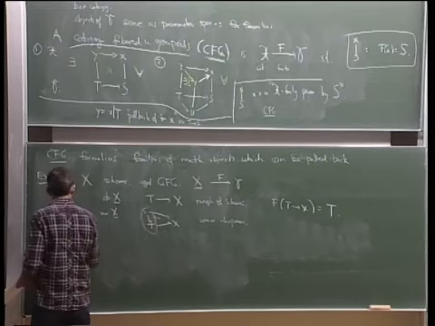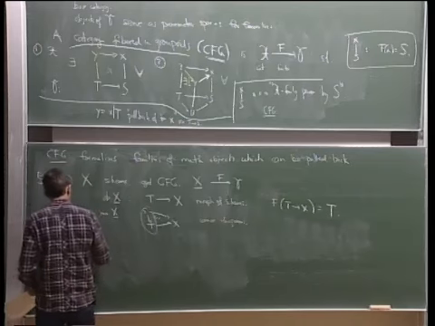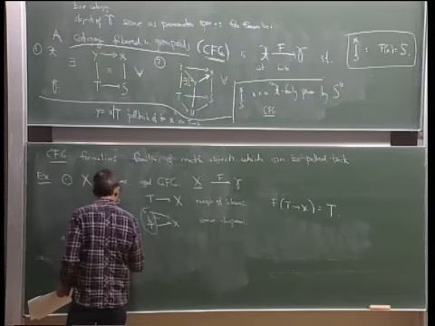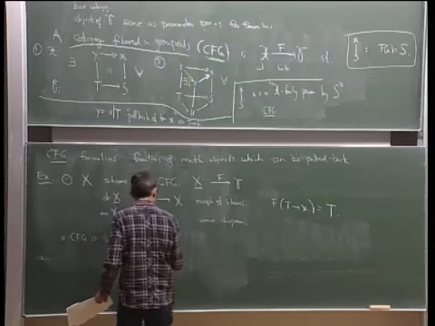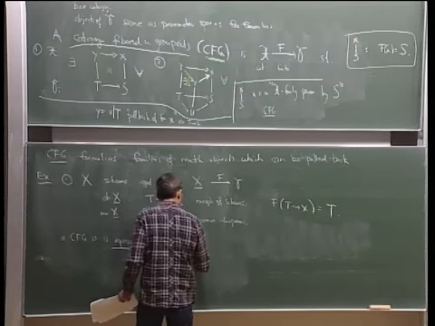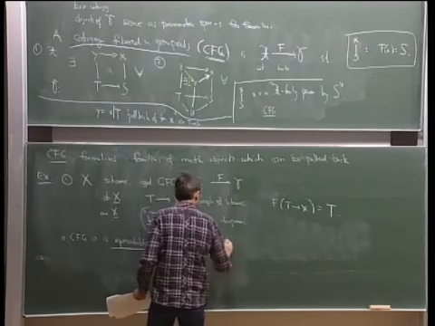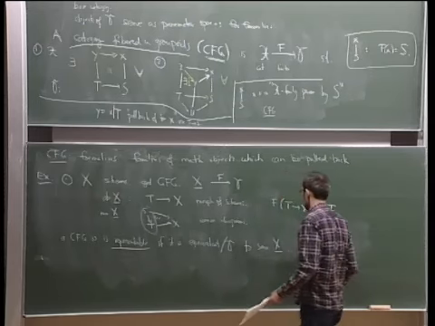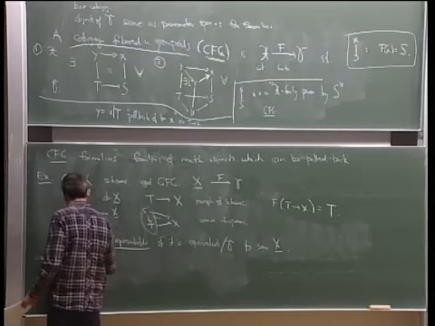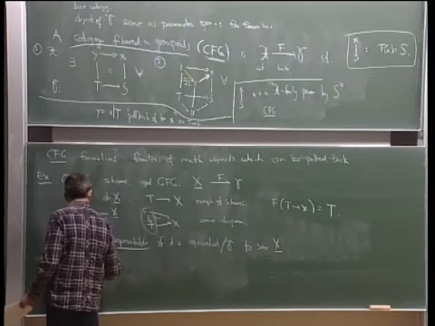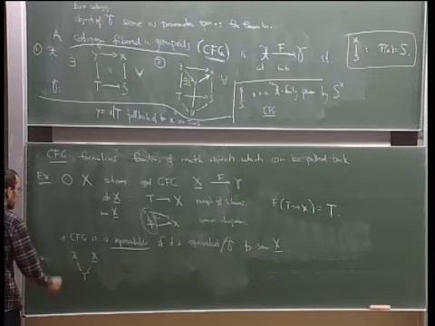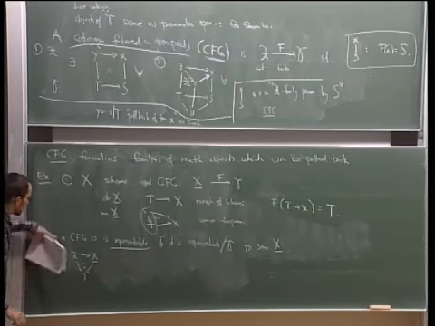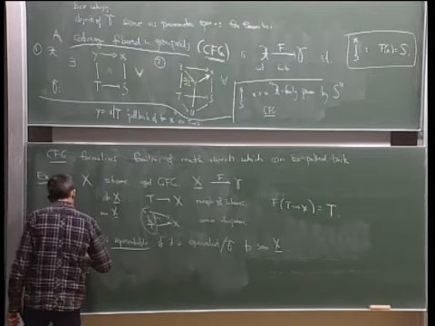And a CFG, well, if you have an arbitrary category fibered in groupoids over S, and then you have one of these guys, and you have an equivalence of categories which commutes with the projections to S. So this is an equivalence of categories.